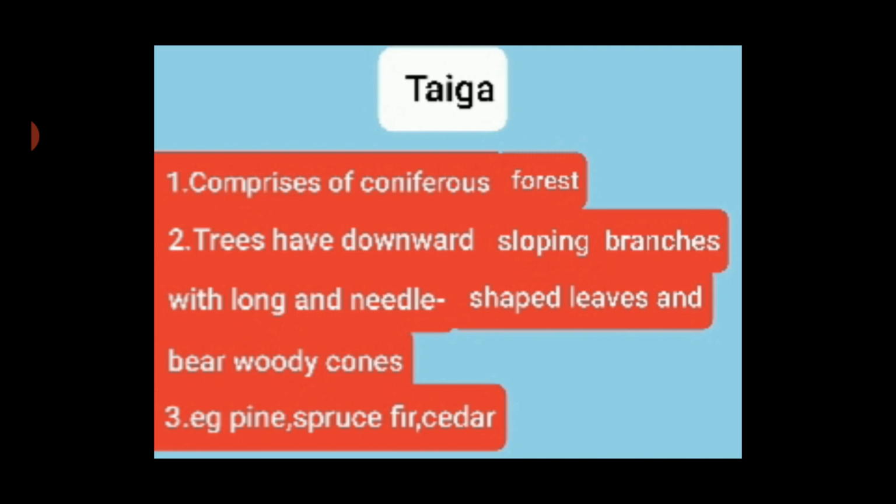The advantage of the downward sloping branches is that the snow can slide off easily. The types of trees grown here are pine, spruce, fir and cedar.